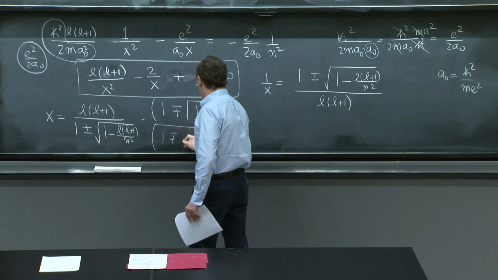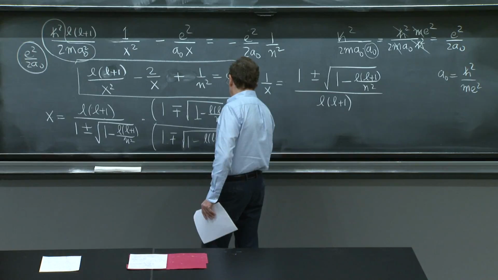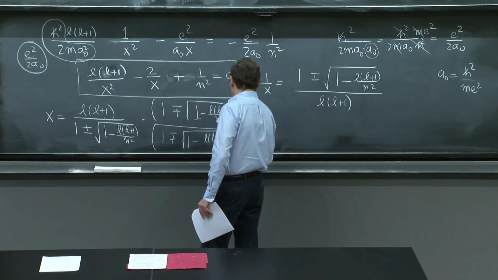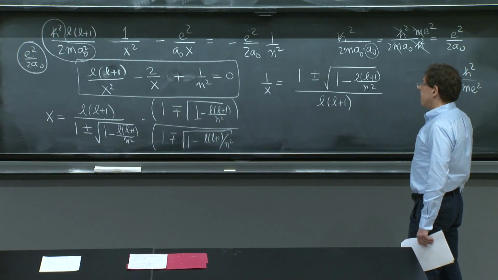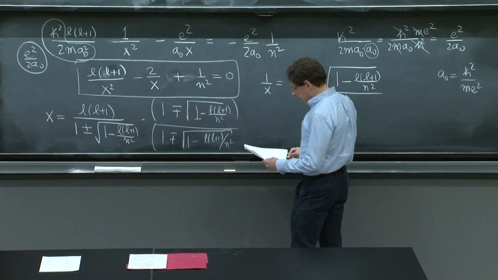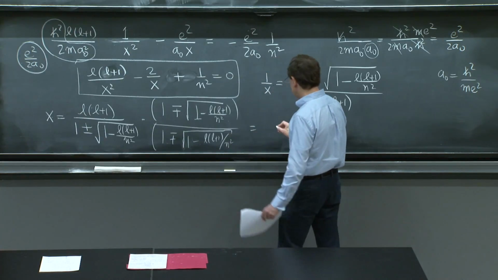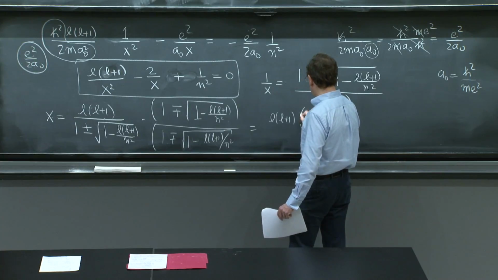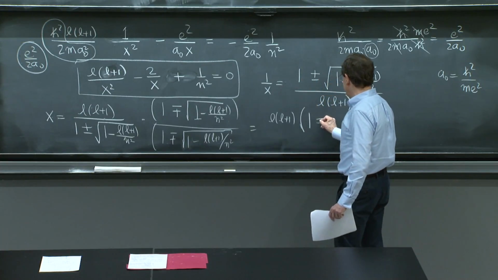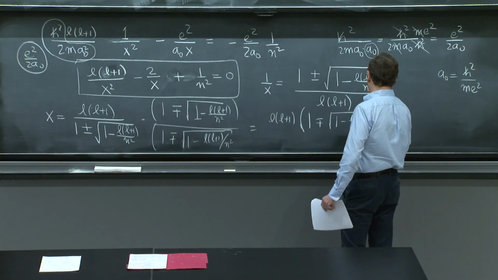All these things. But that's not so bad. You get L(L+1) times this factor that you had in the numerator. That still is the same, 1 minus L(L+1) over n squared.